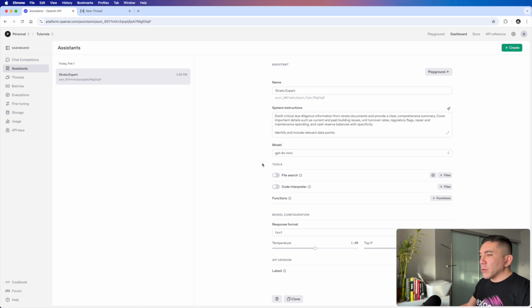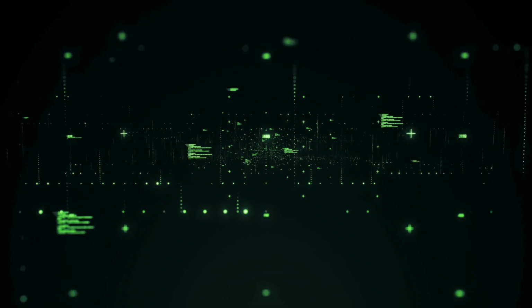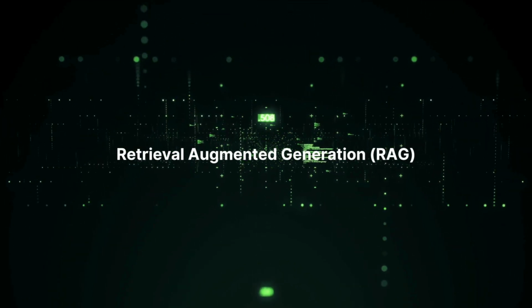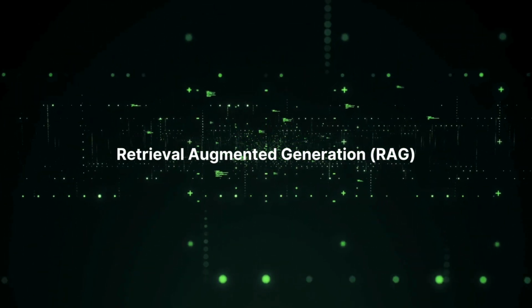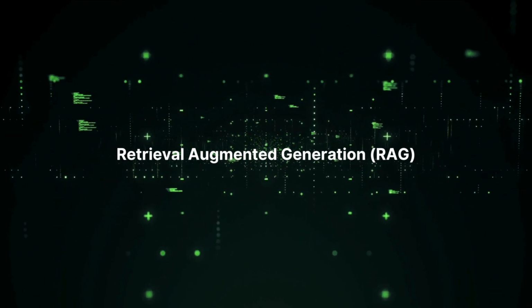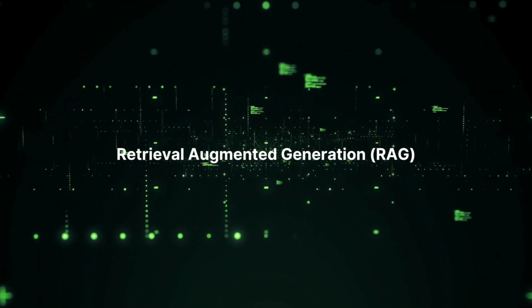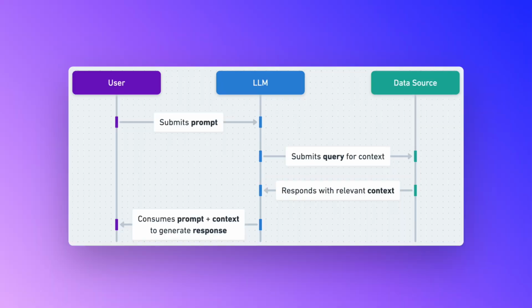Next, I'm going to select the file search tool. And what this is going to do is use retrieval augmented generation, or RAG for short, which is a technique that gives AI models information retrieval capabilities. It modifies interactions with large language models so that the model responds to user queries with a reference to a specific set of documents.